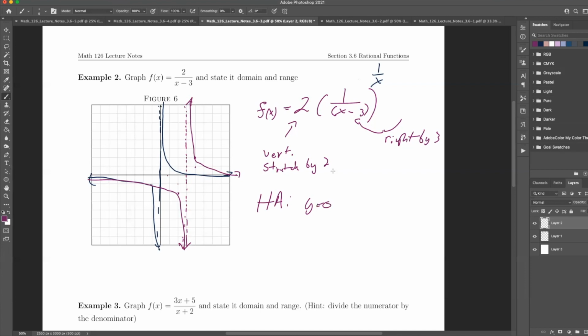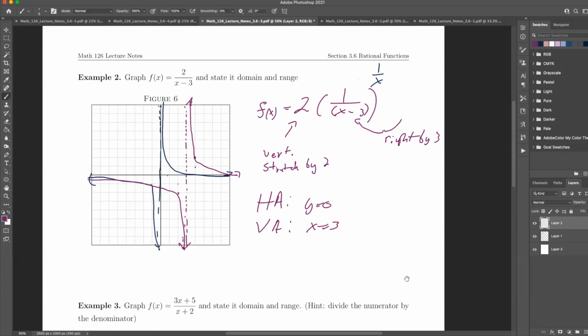Because when x goes out to infinity, it's still 0. The vertical asymptote, instead of being at x equals 0, is now at x equals 3. Okay? So here we have a vertical asymptote right here.